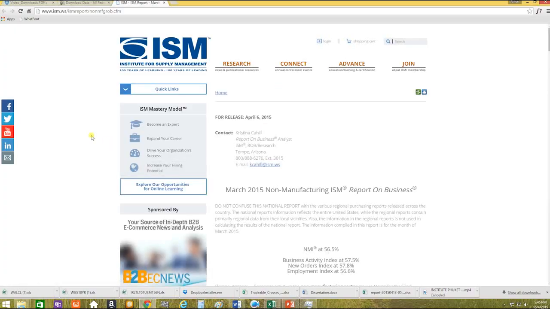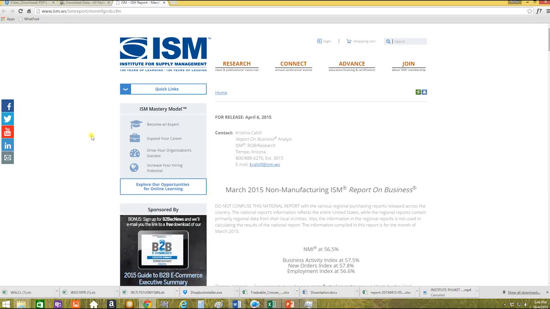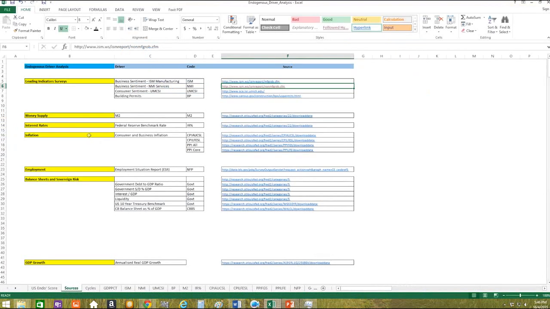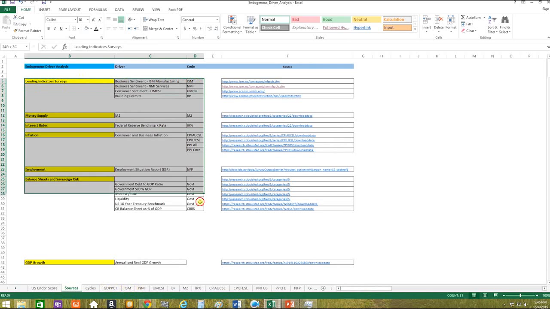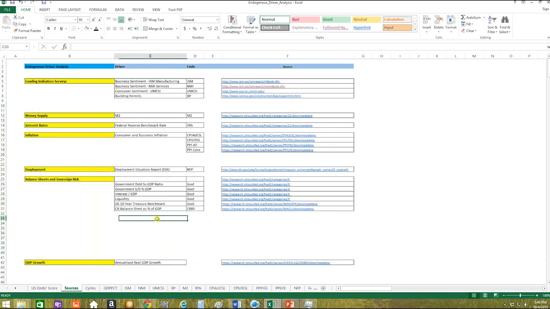And we go here, we find our NMI page, and we just follow the links to look for the download. So in your own time, have a look through the website, get hold of the data, and download it into the NMI tab. Also, just quickly to cover, we have all our drivers here as well. So all the endogenous drivers that we're going to be looking at as we go through the endogenous analysis.